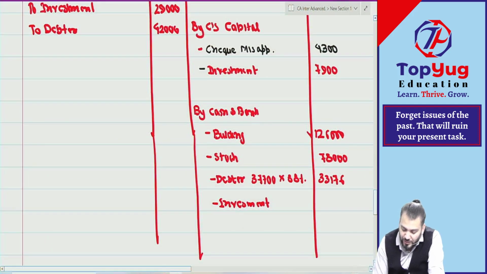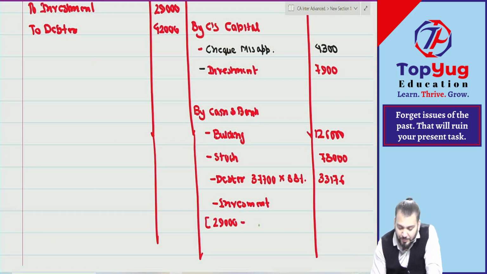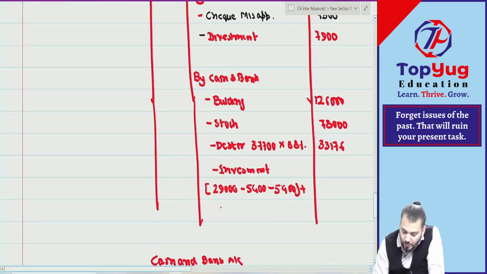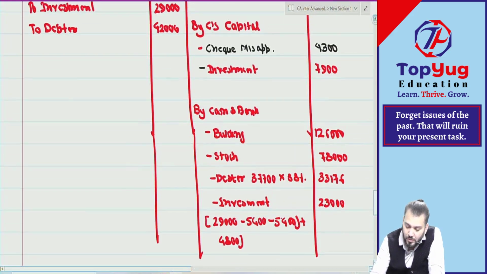Now we can say in this way, 29,000 minus 5,400 misappropriated, minus how much taken by creditor, 5,400. In this will add profit, plus 4,800. So what is the investment value with sale value? 23,000. All assets done, all assets done.